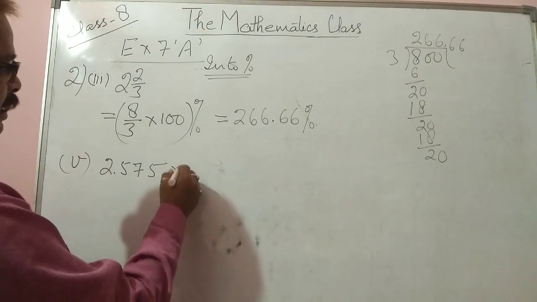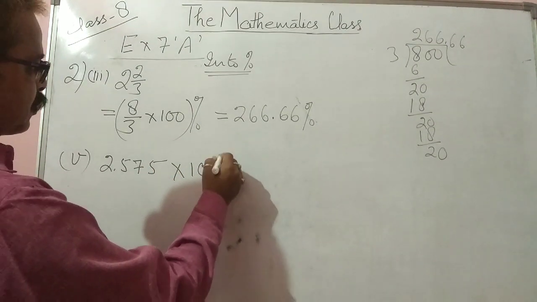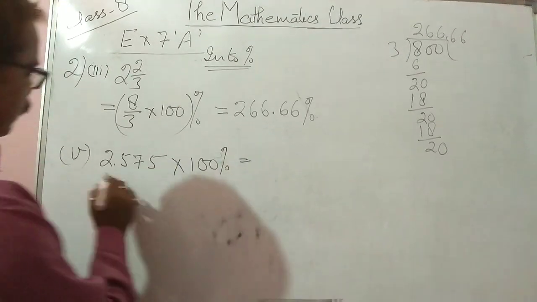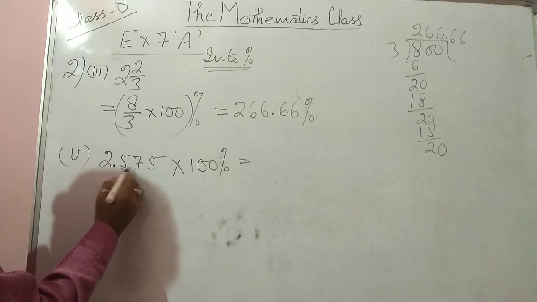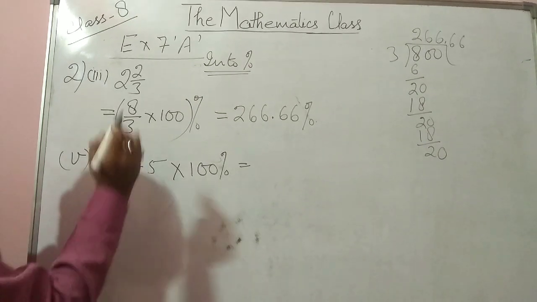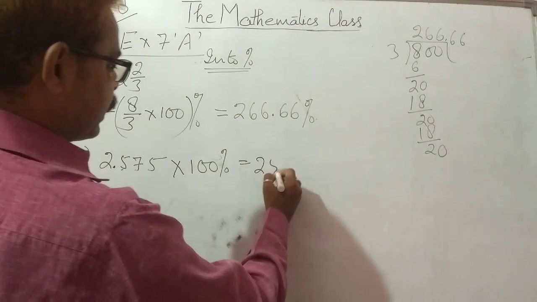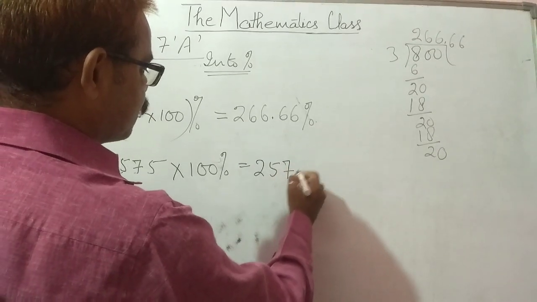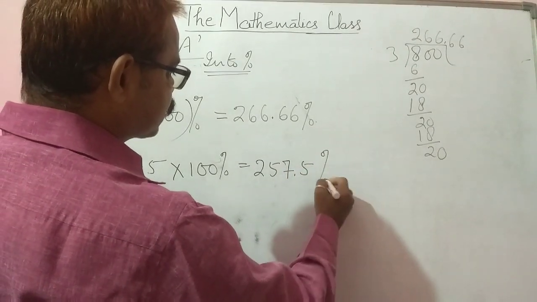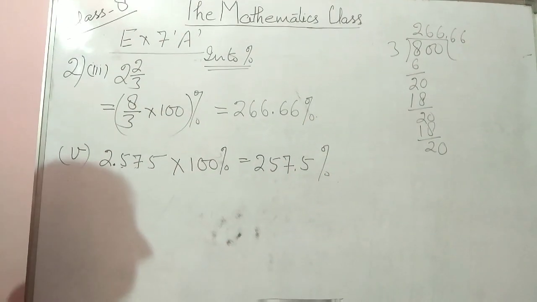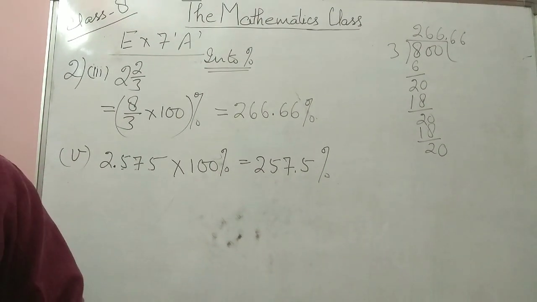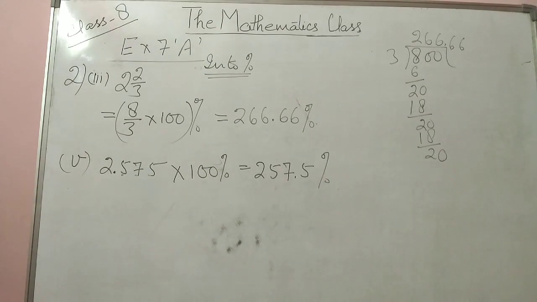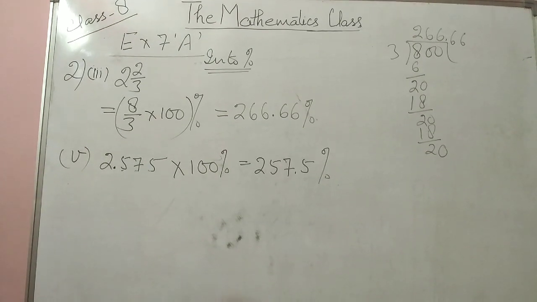So you multiply it by 100 and put a percent sign. When you multiply by 100, the decimal will move two places towards the right. So it will become 257.5%. That is the answer. I hope you have understood. So these two questions we have done, and let's see the third one.